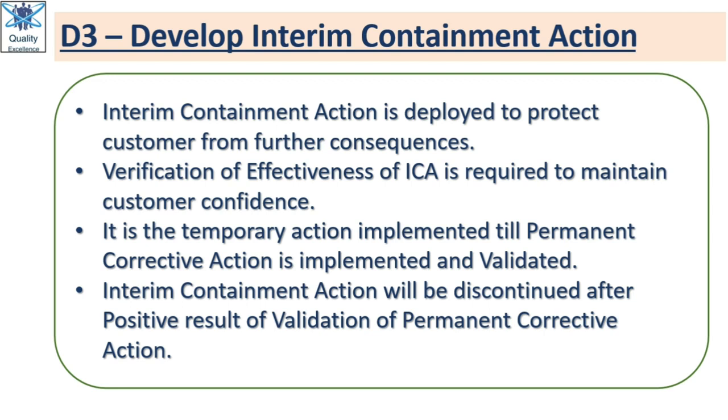Right? If we implement an interim corrective action and it is not effective, then it is of no use, and we will not be able to maintain the confidence of our customer. It is the temporary action implemented till permanent corrective action is implemented and validated. And the interim corrective action will be discontinued after a positive result of validation of permanent corrective action.